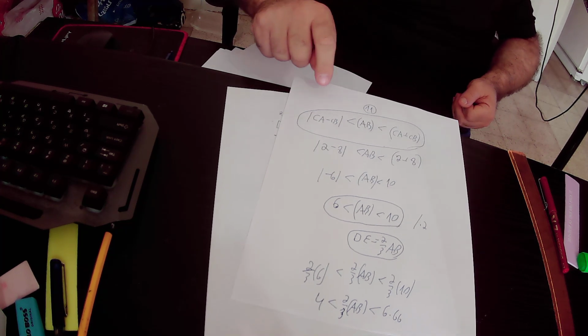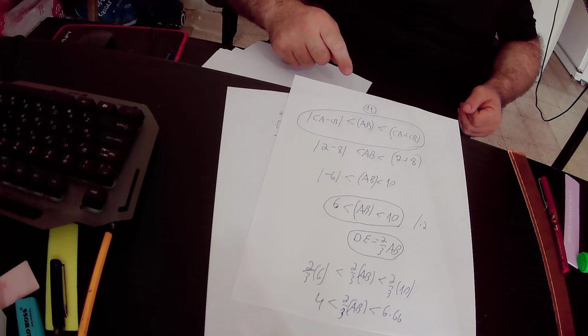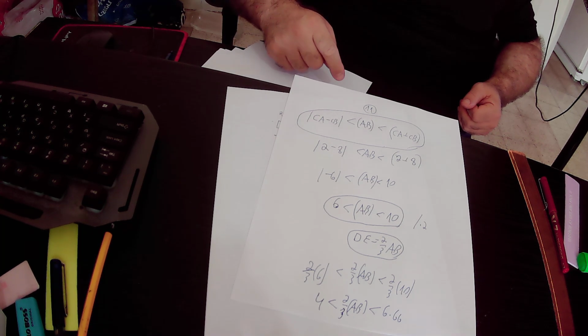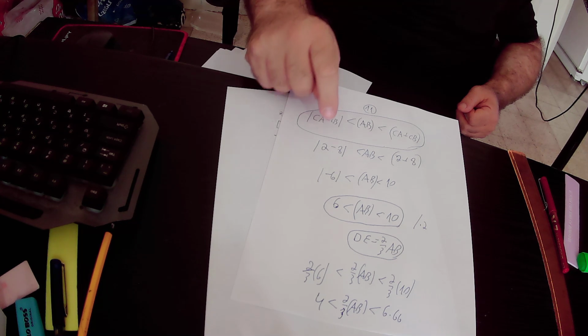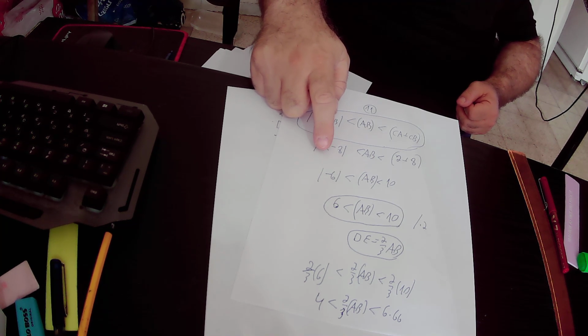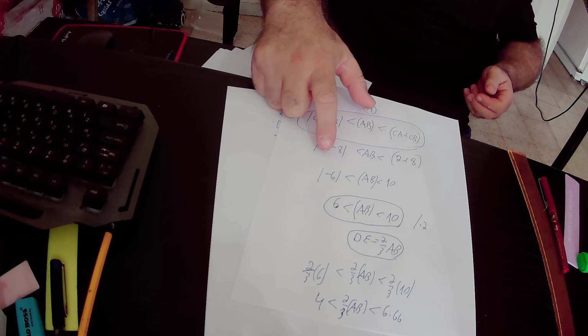But we know that CA equals 2 units, CB equals 8 units. So CA minus CB is 2 minus 8. 2 minus 8 is minus 6, and the absolute value of minus 6 is 6, because the absolute value of any number is the distance of this number from 0, and the distance of minus 6 from 0 is 6 units.